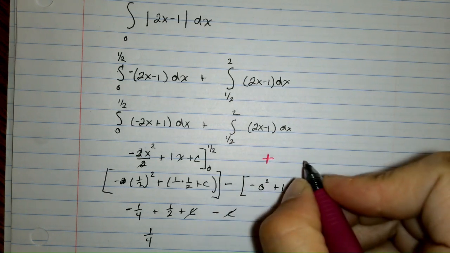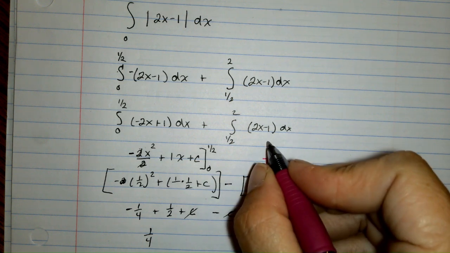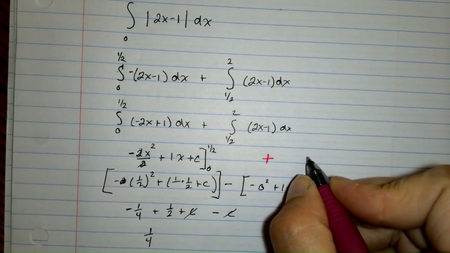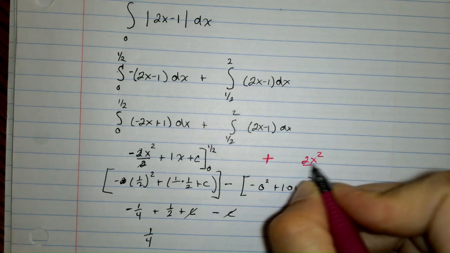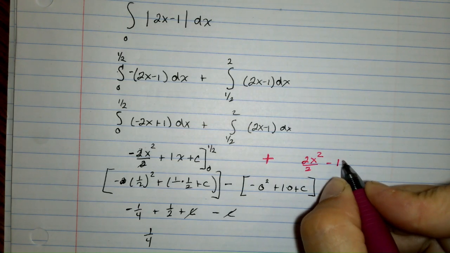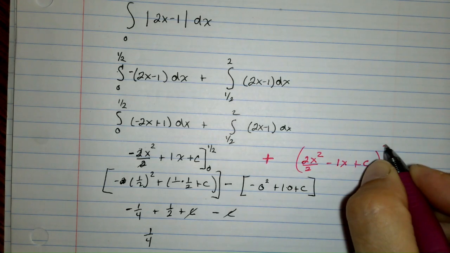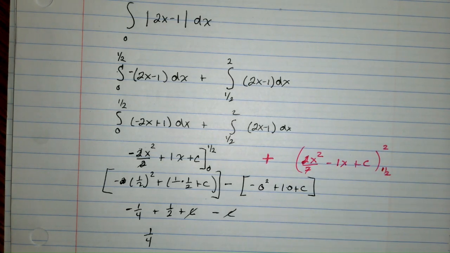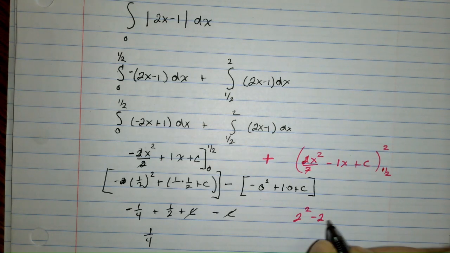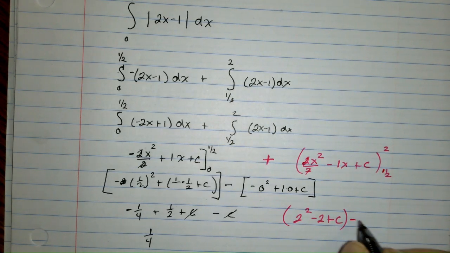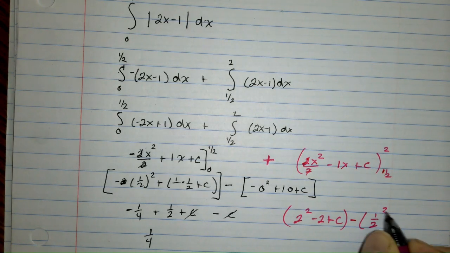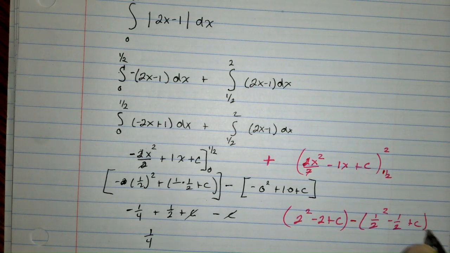Plus, integrate this. So we would have 2x squared over 2 minus 1x plus c, and that's from 1/2 to 2. We'll go ahead and reduce that as well. So we would have 2 squared minus 2 plus c minus 1/2 squared minus 1/2 plus c.